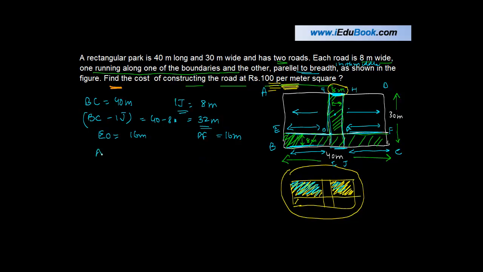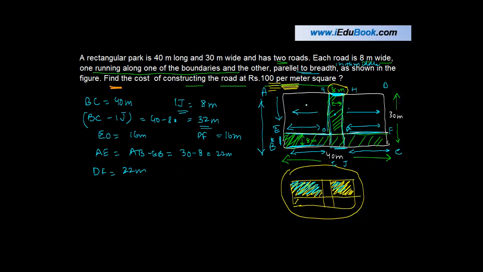Now if I have to find out AE, this line, how much will that be? I know this total is 30, I know this portion is 8, so AE will be equal to AB minus EB, or 30 minus 8, which is 22 meters, right? Similarly, even DF is going to be equal to 22 meters, right?